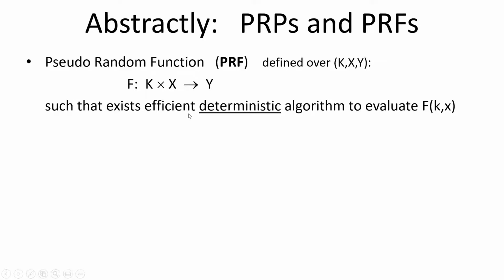And there must exist an efficient, so polynomial time, deterministic algorithm that evaluates this function. Well, that's similar to a PRG, that it is some function that takes a short seed and creates a much longer pseudorandom string that can be evaluated by an efficient deterministic algorithm.